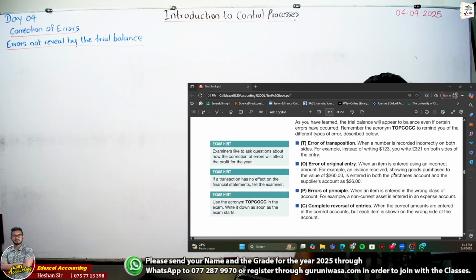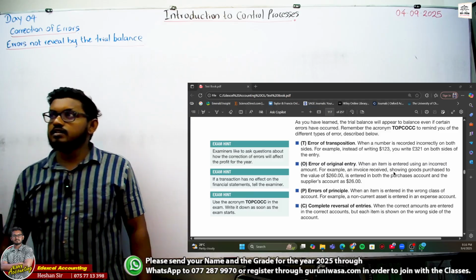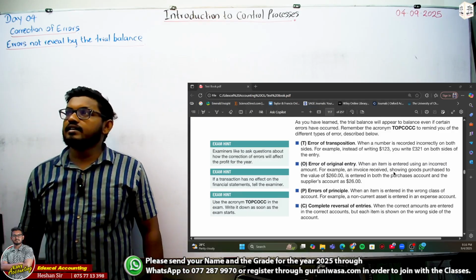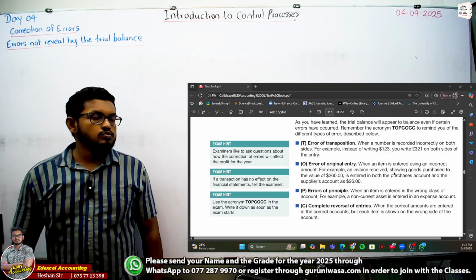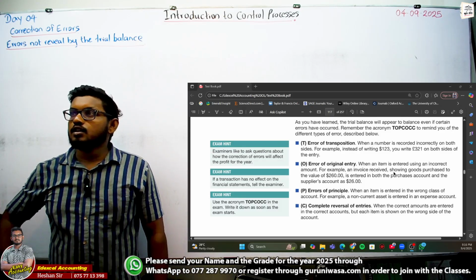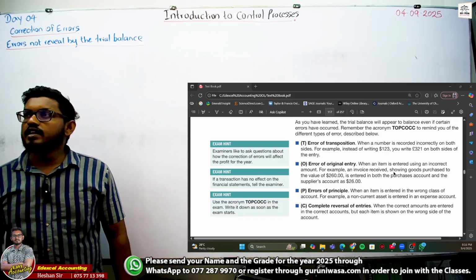You have learned the trial balance will appear to balance even if certain errors occur. Remember the acronym TOP COCO, to remember the different types of errors.